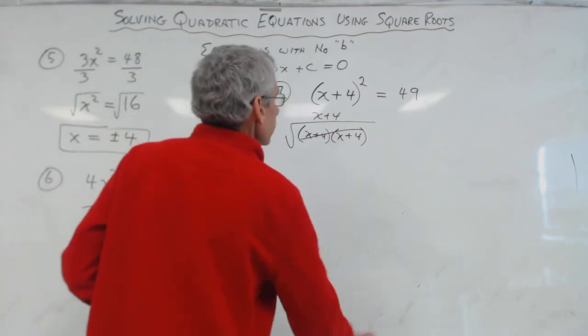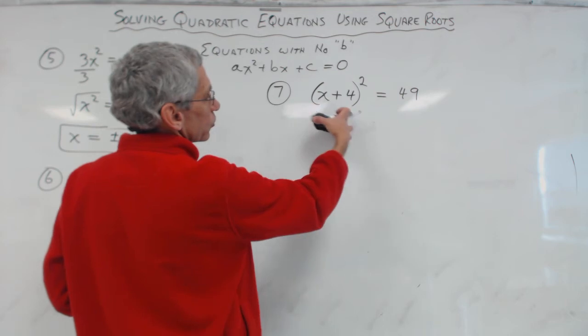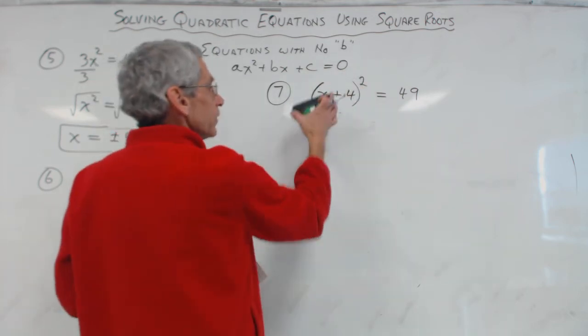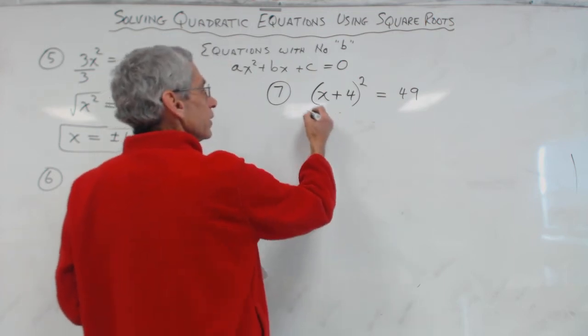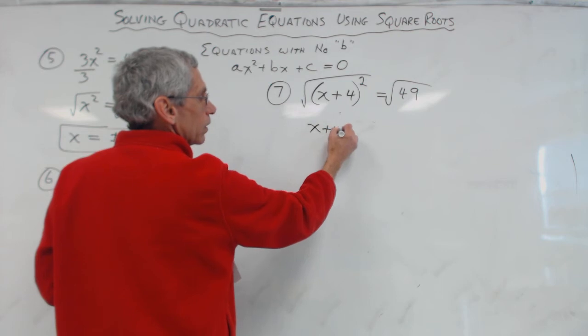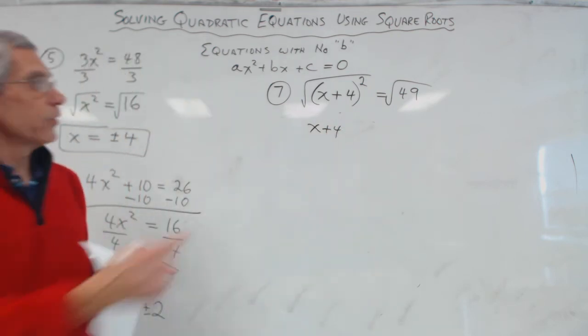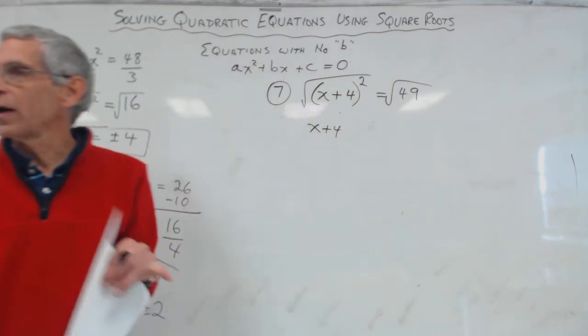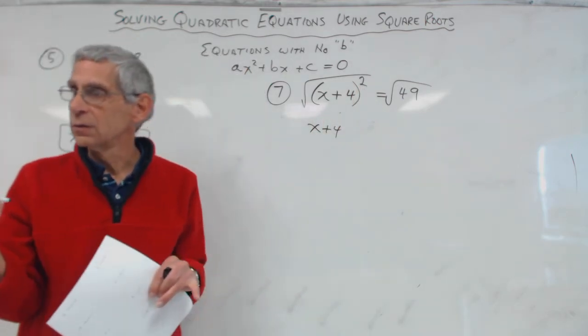No. So, if that had been x squared, and I square root it, it's x. If it's x plus 4 squared, then when I square root it, I get x plus 4. All the square root does is it gets rid of the square. Square root and square are opposite operations.